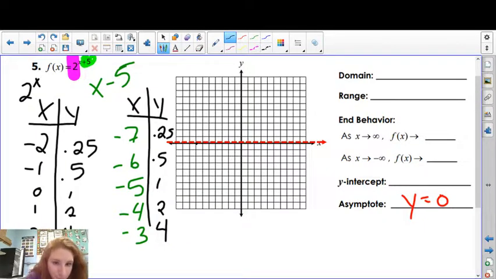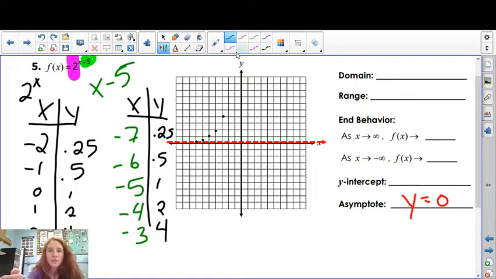Trying to make it a little bit above that line. Yeah, we're going to definitely do this with the mouse. -6, 1/2, -5, 1, -4, 2, and -3, 4.